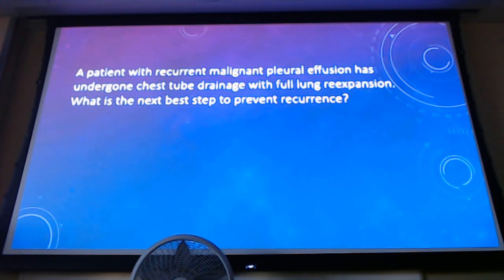The lungs are expanded. Okay, forget the rest of the question. How do we prevent recurrent pneumothoraces or recurrent pleural effusions? How do we prevent them? We can't really. Okay, how? You have to do surgery to do it.